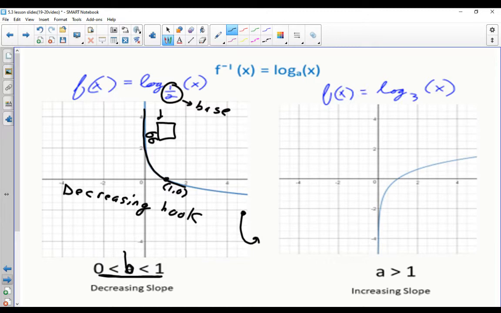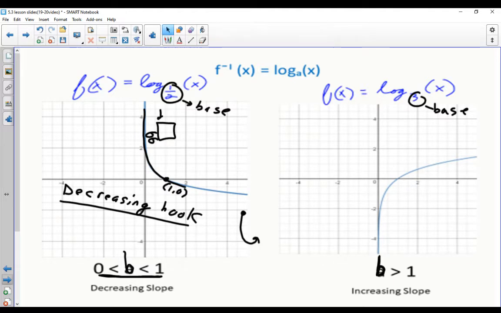But you can use it however you want. So if your base is between 0 and 1, your graph is going to be a decreasing hook. And just like before, if your base is greater than 1, you're going to have an increasing slope.